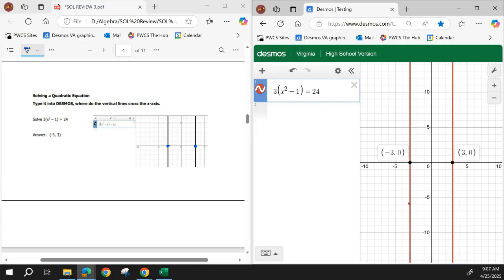When we look at the coordinates of an intercept, the first number represents the x value. And so our solutions are -3 and +3. And we could solve any quadratic function by doing this, going and finding the x-intercepts and then picking out the x value.